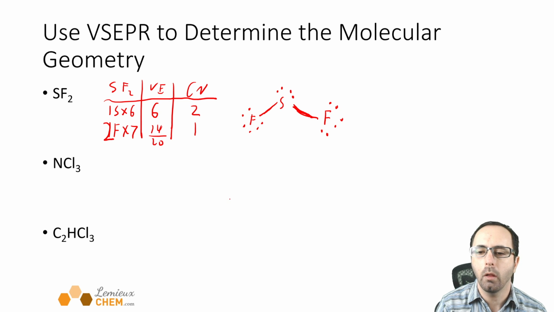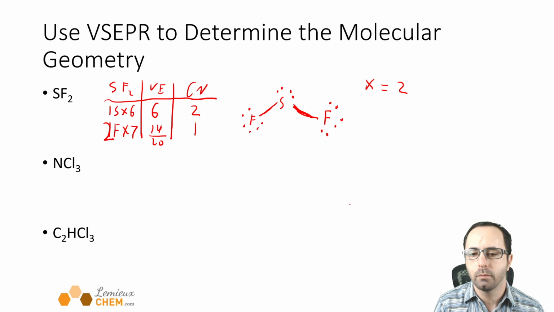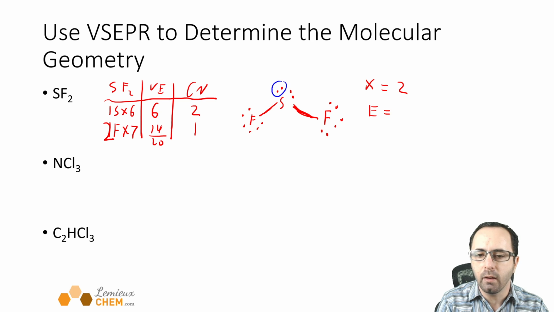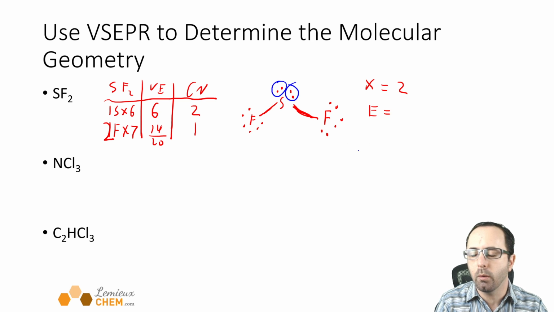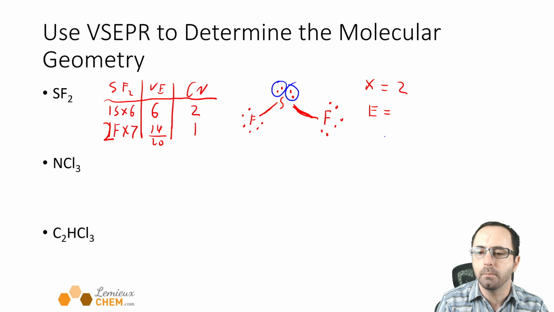And so in this molecule, X equals the number of atoms bonded to sulfur, which is 2, and E here is the number of lone pairs on the center atom. These ones right here don't count. They have to be on the center atom. So the sulfur is in the center. It's bonded to 2 atoms, so X is 2.